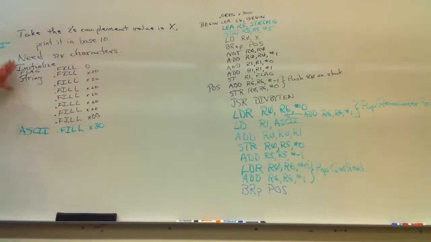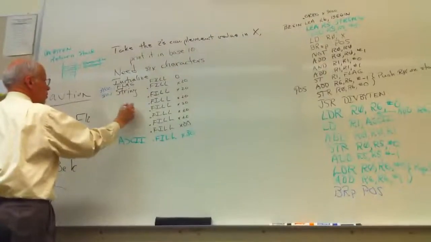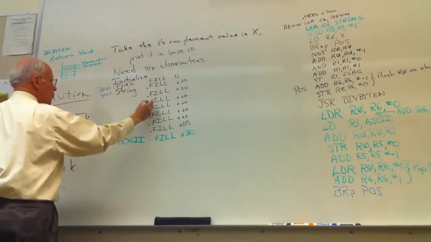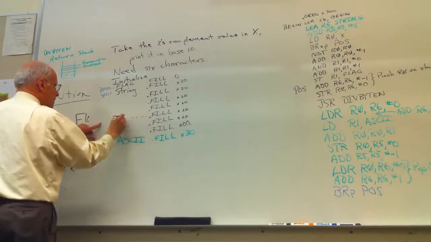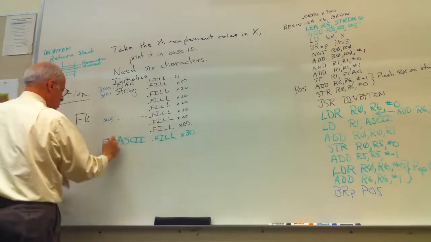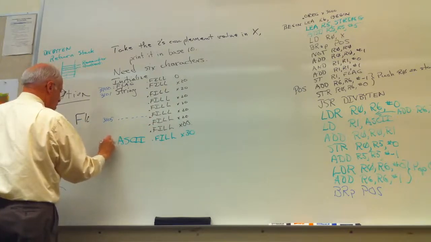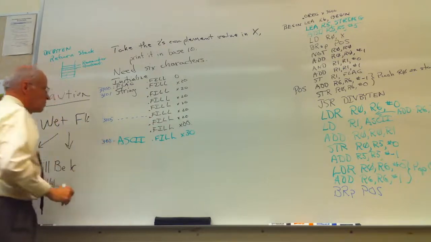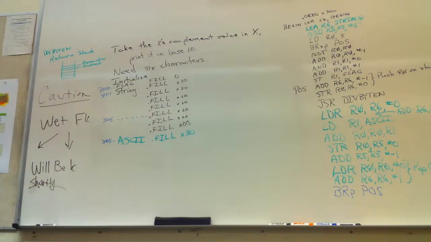I don't know where these things might be. Let's just say that for the sake of argument that we're at 3100, 3101, 2, 3, 4. This is 3105, 6, 7, 3108. Just so we've got some numbers here to work with.